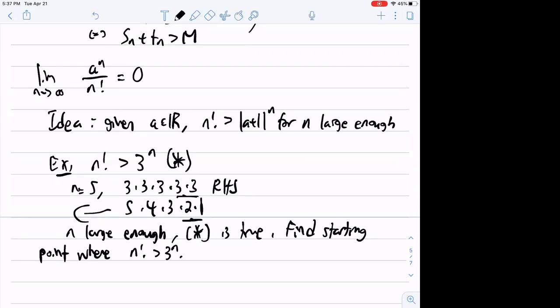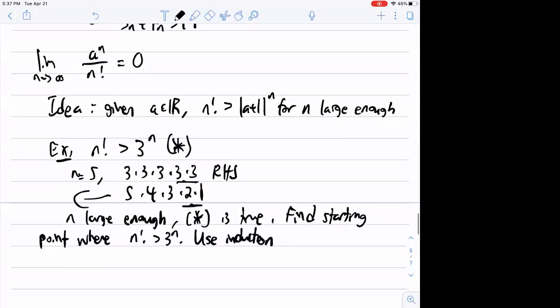So just find some n such that it's true, and then use induction. The same would hold for 4 to the n, 5 to the n, it doesn't matter. If you go far enough, n factorial is bigger. So if you agree with this, you're going to get 0 less than or equal to a to the n over n factorial.